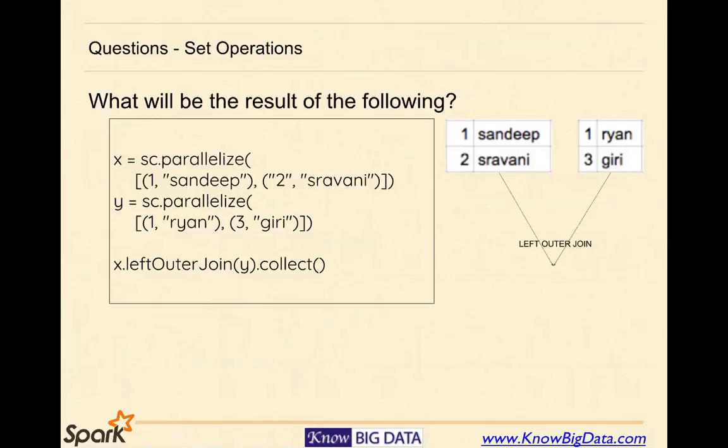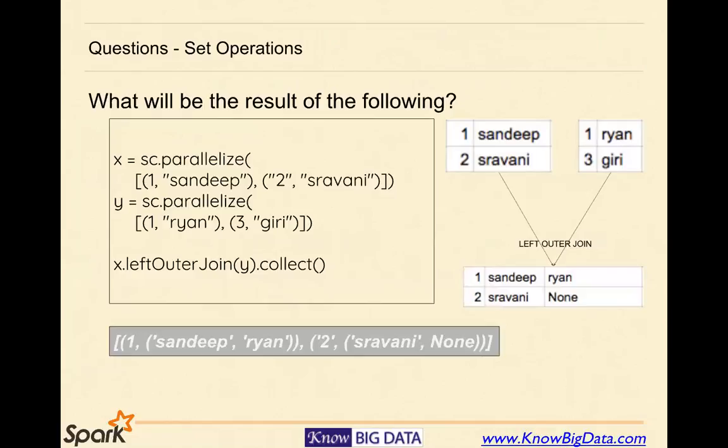Okay. What will be the result of the left outer join here? Quickly. So our answer will be 1 Sandeep and Ryan, correct? And 2 Shravani, none.